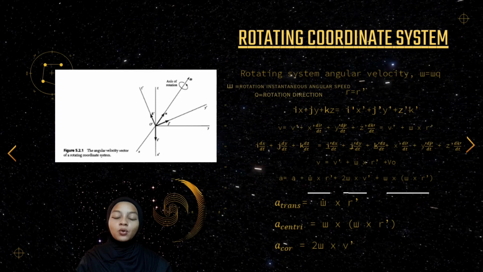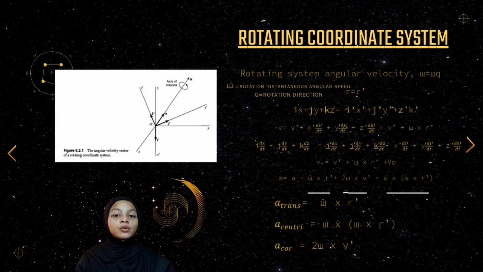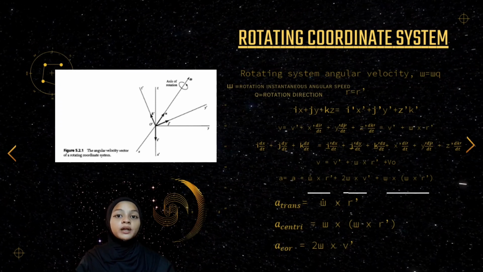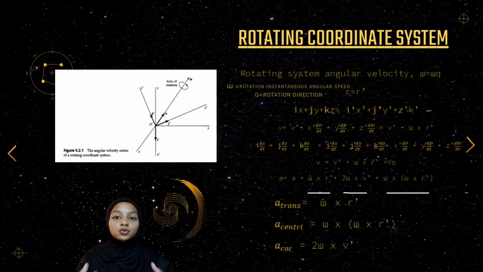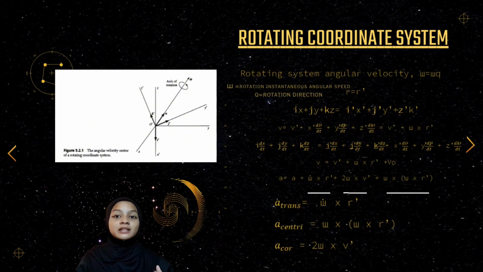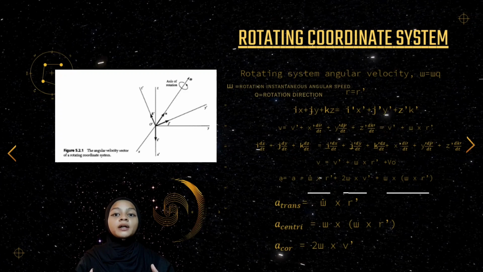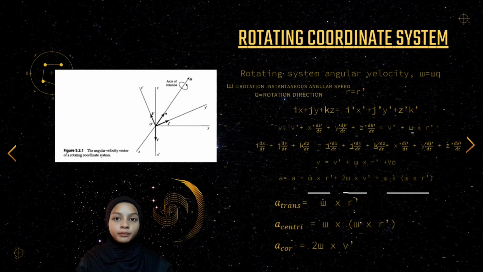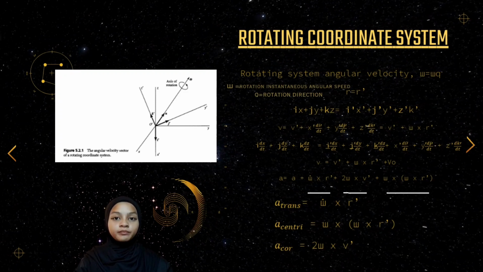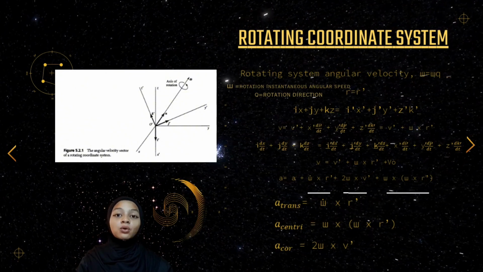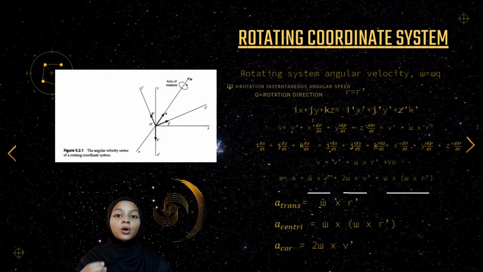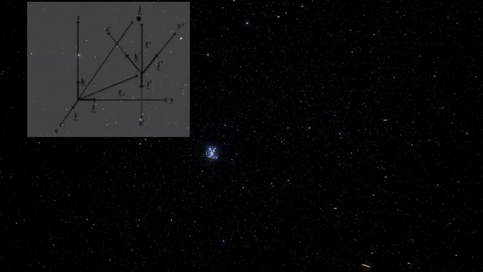With a few methods, once we differentiate velocity, we will get a equals A plus omega dot cross r prime, which is the translation acceleration, plus 2 omega cross v prime, the Coriolis acceleration, plus omega cross omega cross r prime, the centripetal acceleration. The next slide shows almost exactly the same thing, except it is on force and there exists mass on all three accelerations.